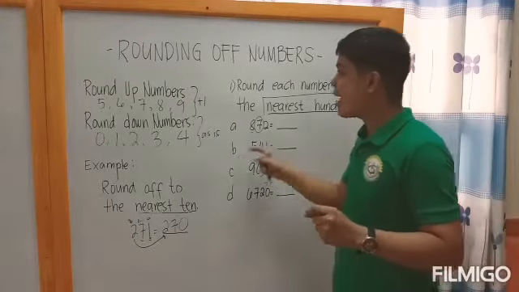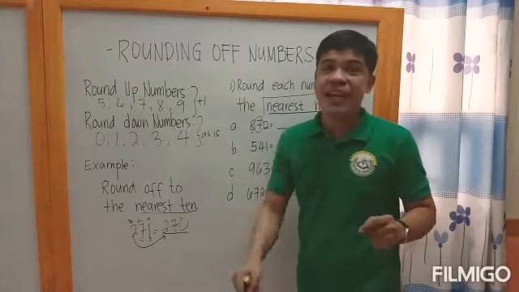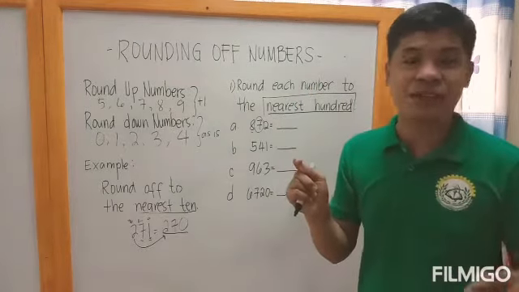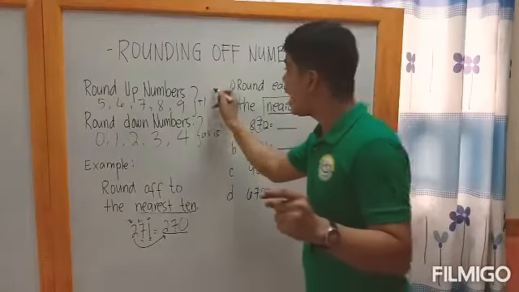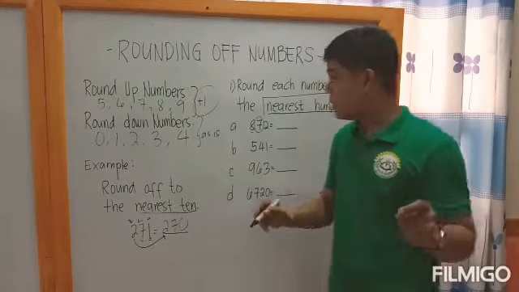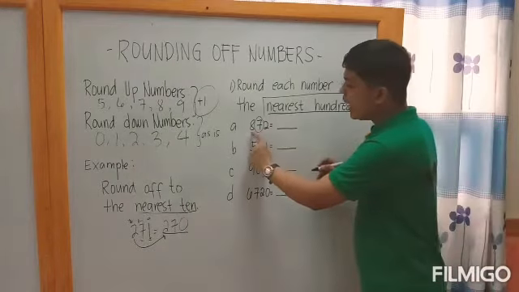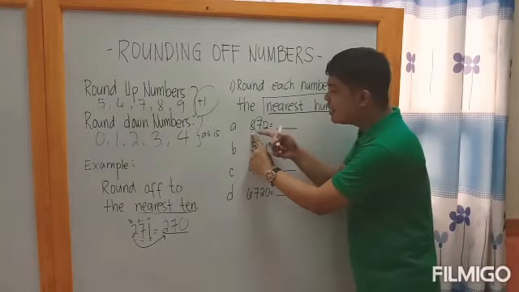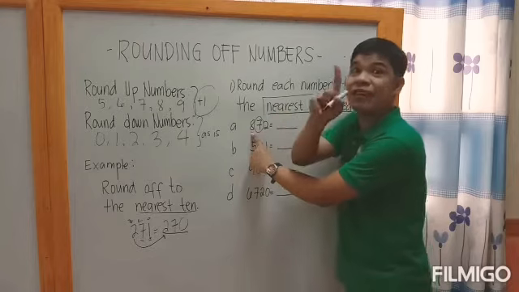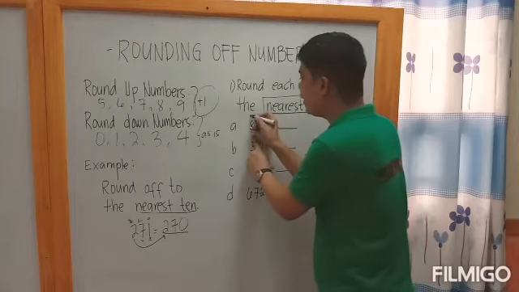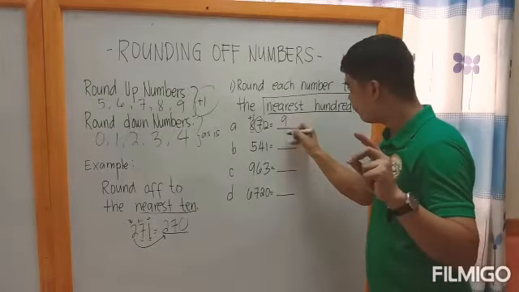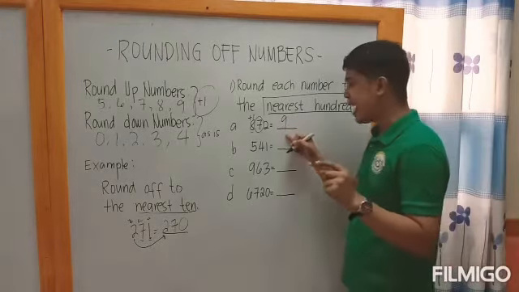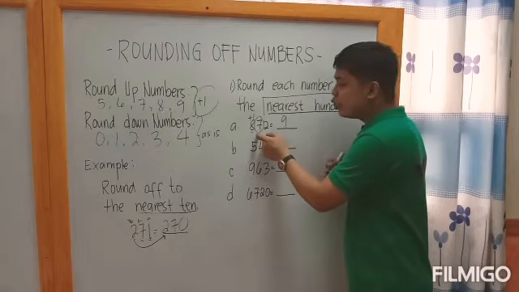Correct. 7 is a round up number. If that is a round up number, class or guys, what we gonna do? We will add 1 point. So this 8 digit will be added 1 point. So 8 plus 1 equals 9. Very good.